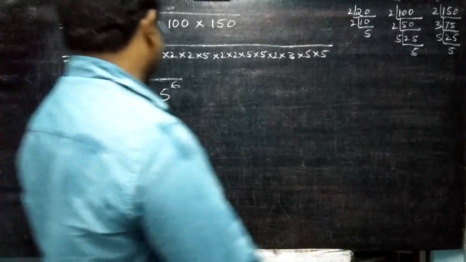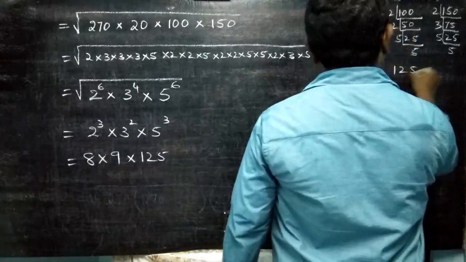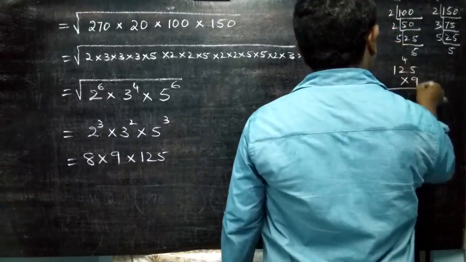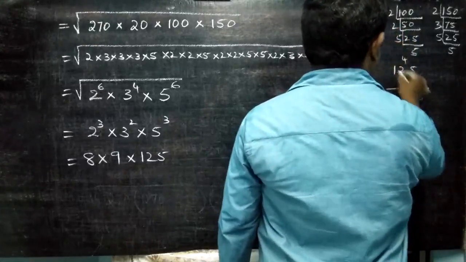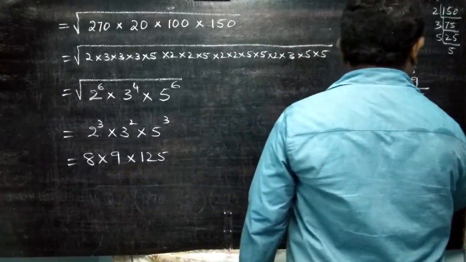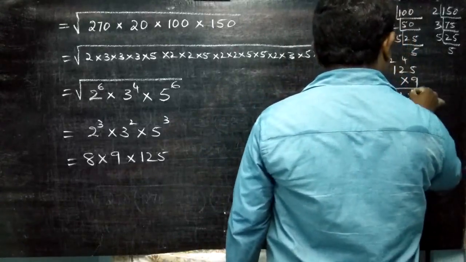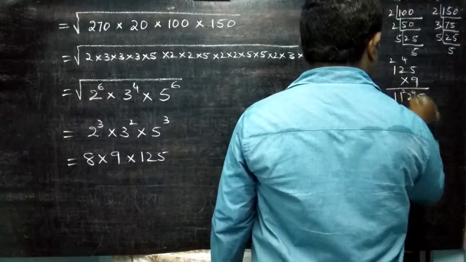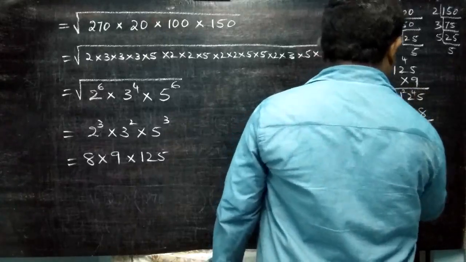Now multiply. 125 into 9 is 1125, into 8 is 9,000.